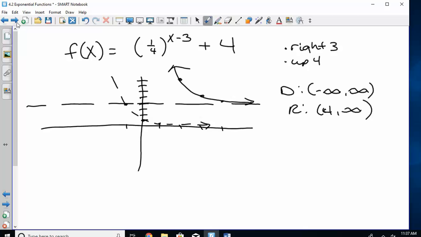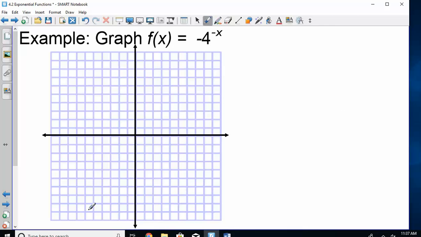Let's say I did -4 to the -x power. So parent function would have the points. If I put in a -1, you get 1/4.